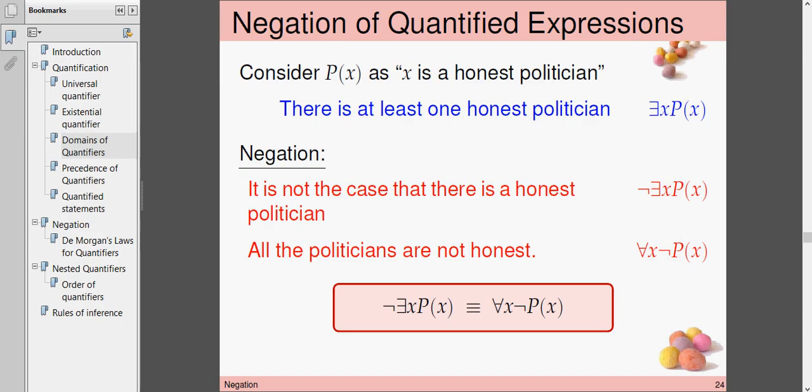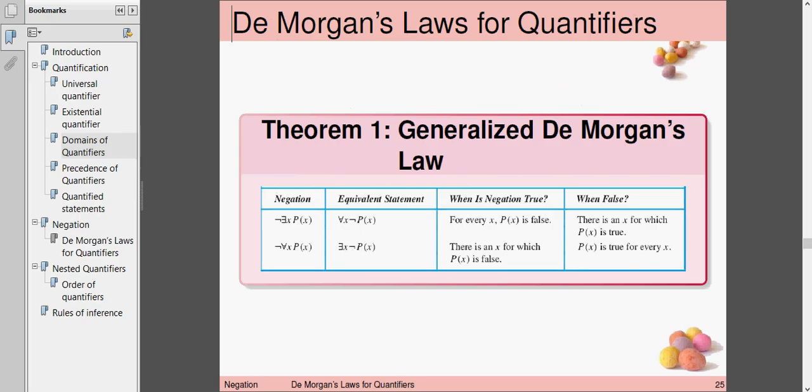The equivalent for this one is this one. We need to focus when you use it for a proof. So we can generalize De Morgan's law as a law. We can use it for proofs after that.